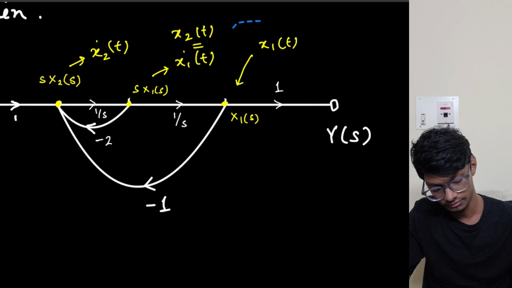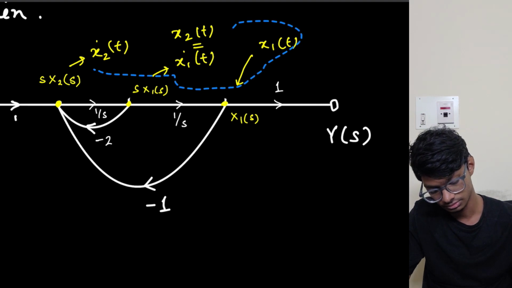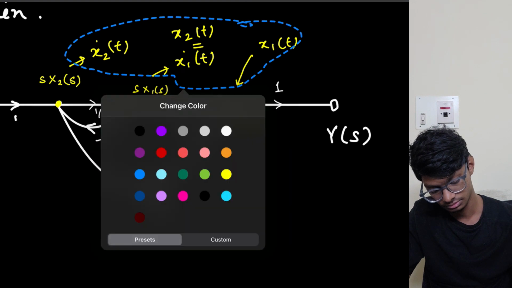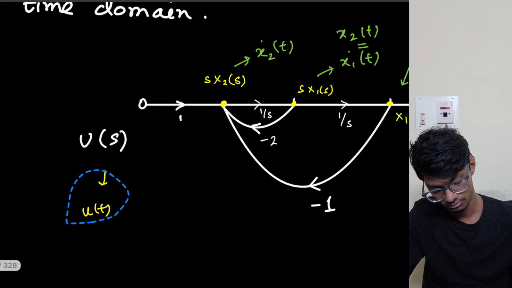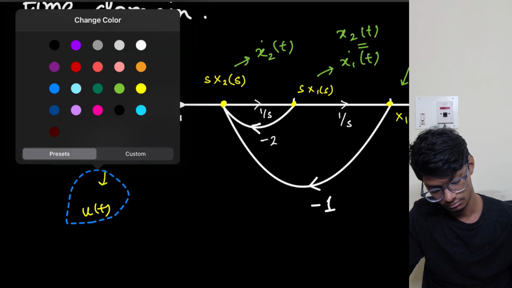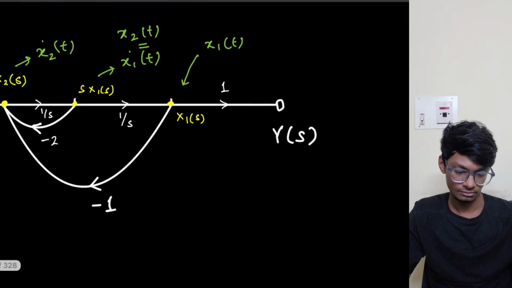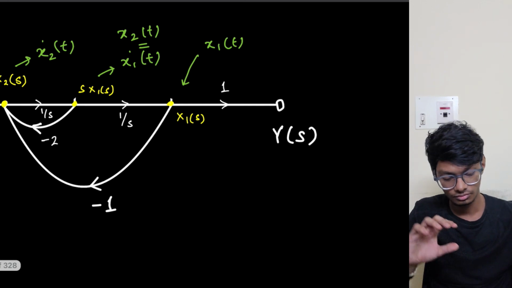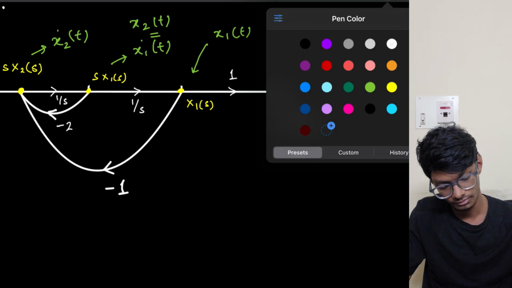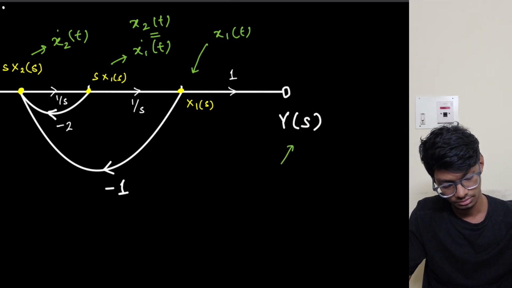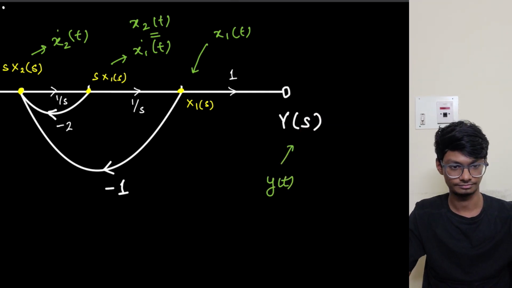Let me write all this in different colors. So we have converted, and this Y(s) will become y(t).